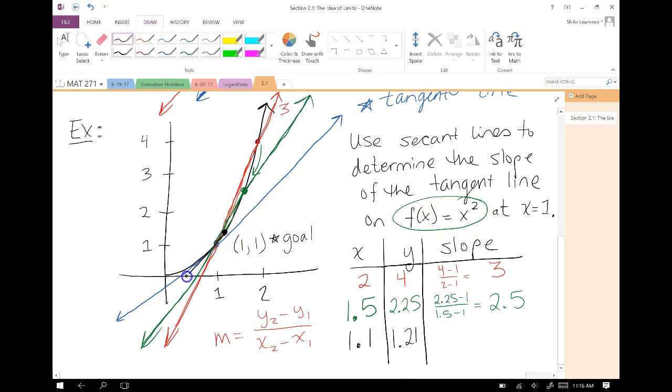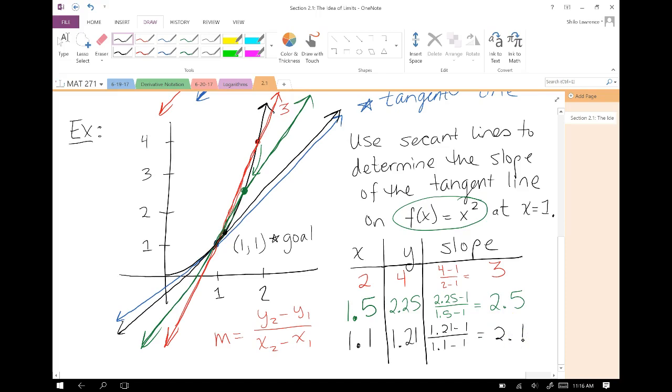And if I connect them, wow, that one is really close to my blue line. They're very, very similar. And if I do the slope formula, 1.21 minus 1 over 1.1 minus 1, I get 0.21 divided by 0.1, which is 2.1.